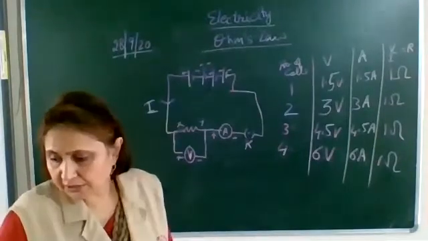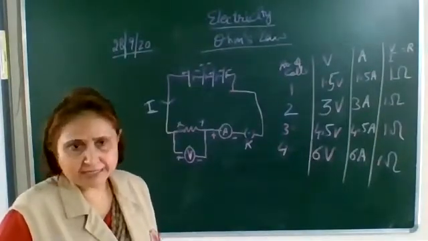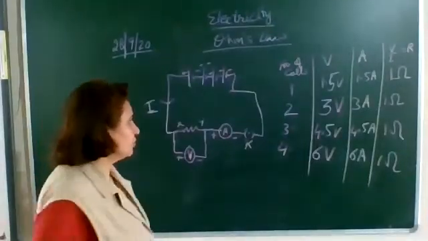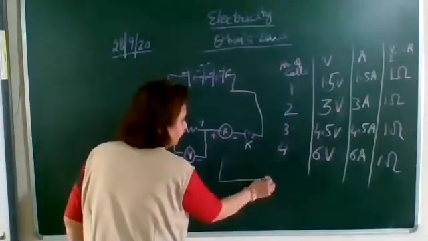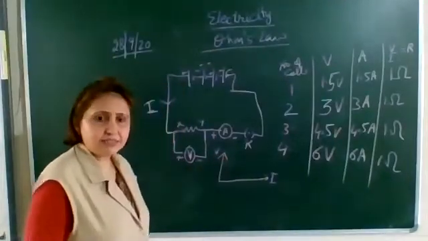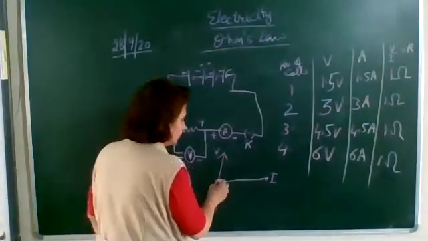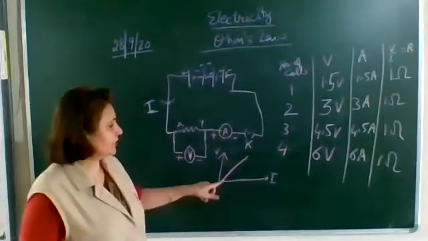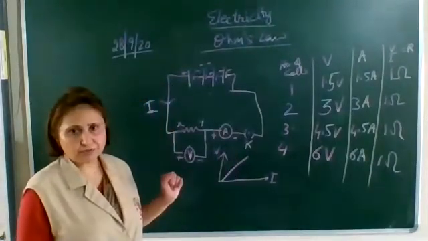Okay, so here the graph is given between V and I and some readings are written over here. Only the shape of the graph you should know. If you plot the graph between V and I, taking V along the y-axis, I along the x-axis, you will see that the graph is a straight line passing through the origin having some slope.